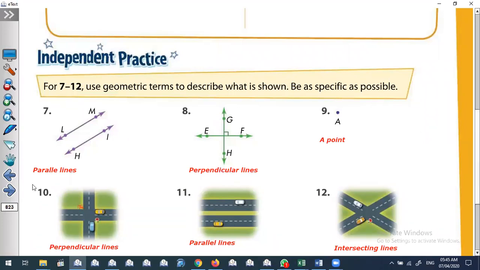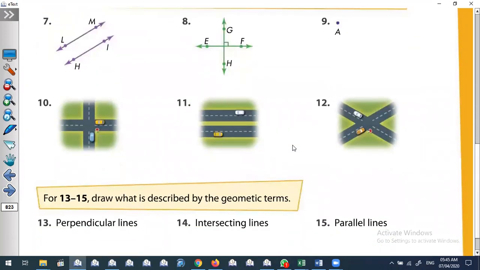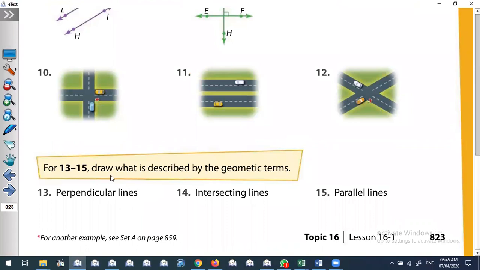Let's move to another exercise. Draw what is described by geometric terms. We need to draw perpendicular lines. As I told you before, perpendicular lines should have a square corner. So it will be like that, the first line, and the second line like that. And don't forget to draw the square corner.